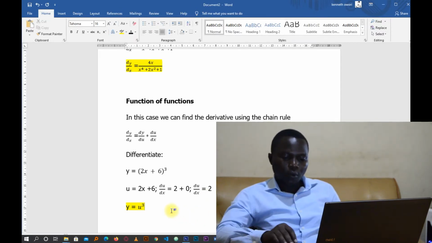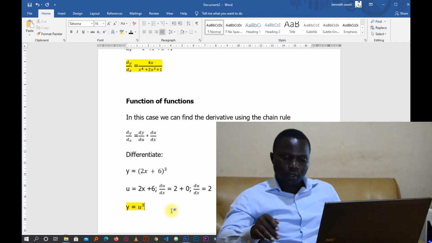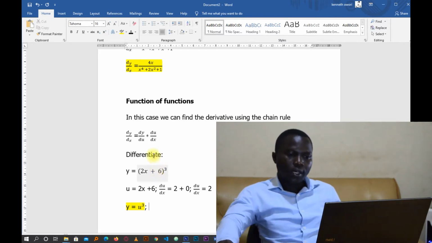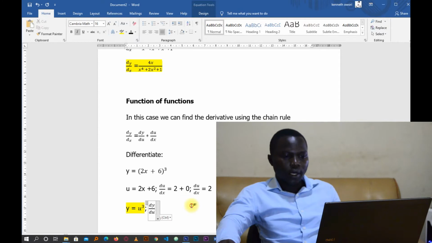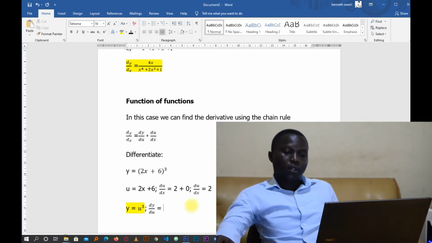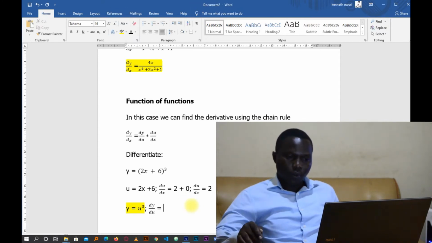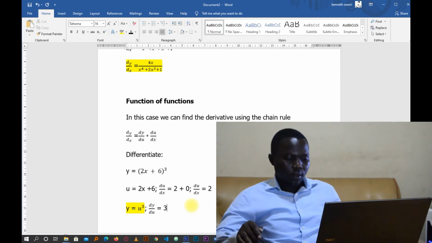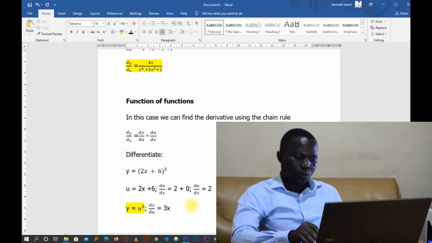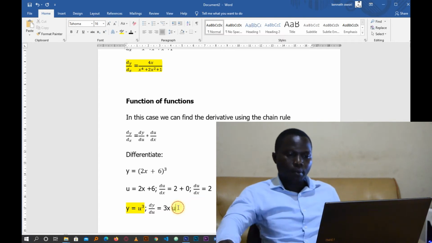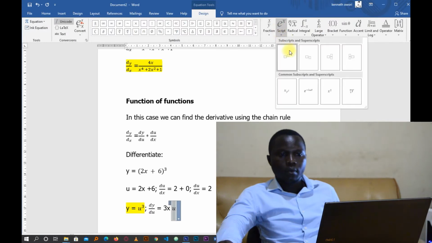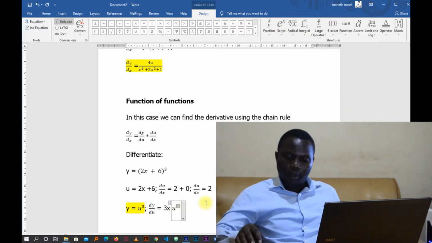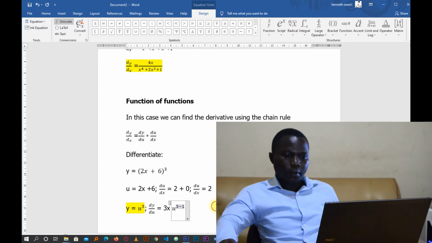And then from y equals u cubed, our dy/du would be obtained by differentiating y with respect to u. So we would have dy/du being equal to, if we differentiate u cubed, we get 3u squared. That is 3 times u power 3 minus 1, originating from the rules we looked at.